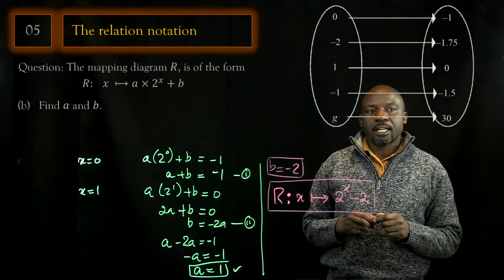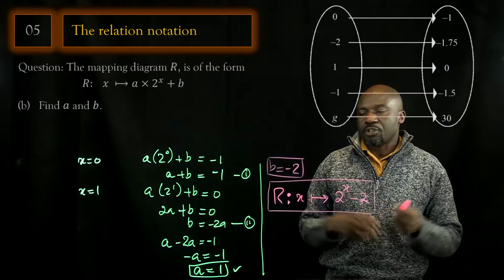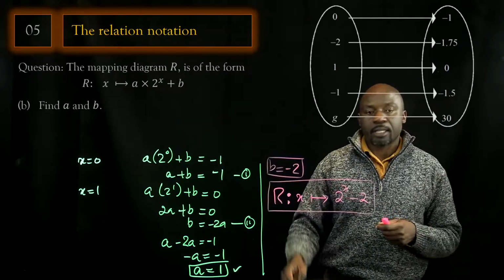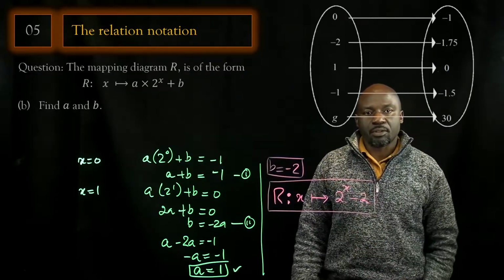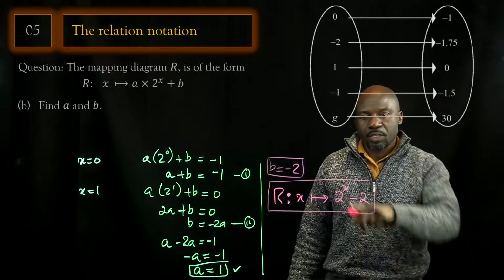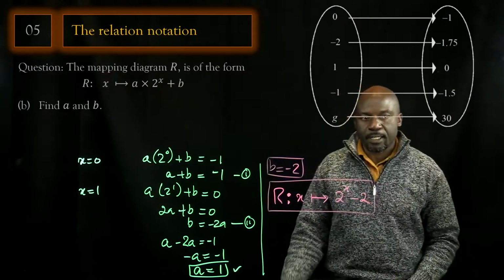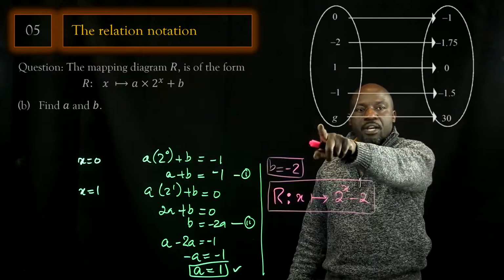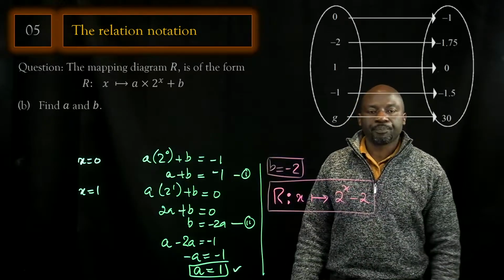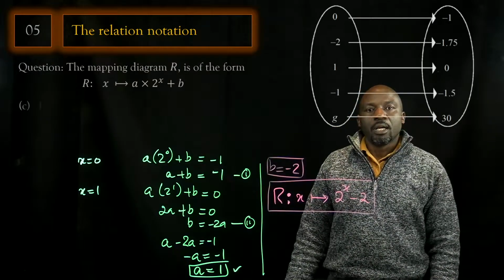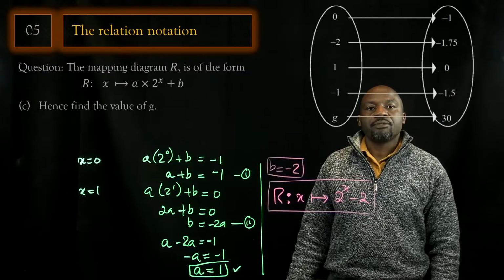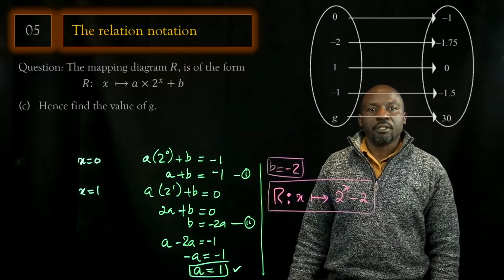That's that. The last part of the question, I'm going to go to the next question and leave this here. Let's hope it doesn't interfere with it so that we can make use of these results directly. It's asking us, I think, to find the value of g there. So part C, hence find the value of g.